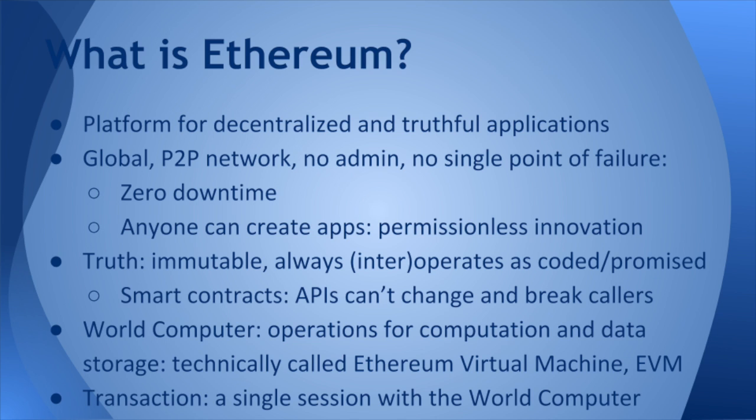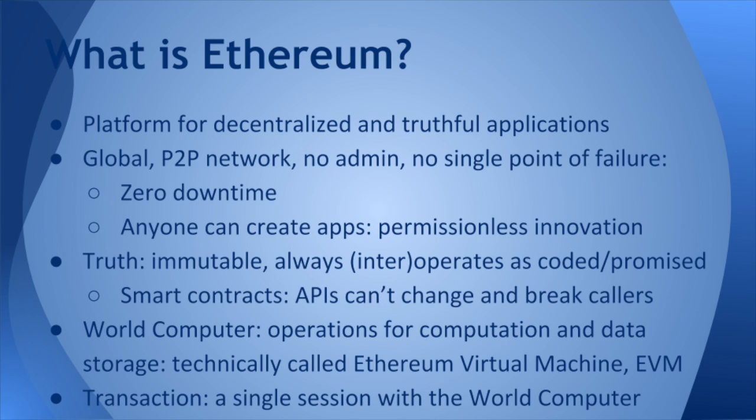It's permissionless innovation. The truthful part is that these applications and programs are immutable, and they always interoperate as they have been programmed. So you may have heard of the phrase smart contracts. From this perspective, it is like a contract where the APIs can't change and break whoever calls those APIs.